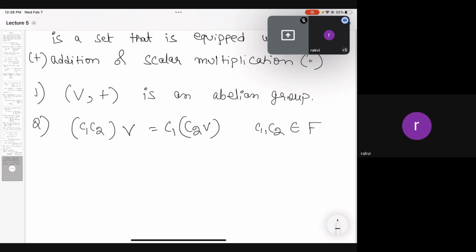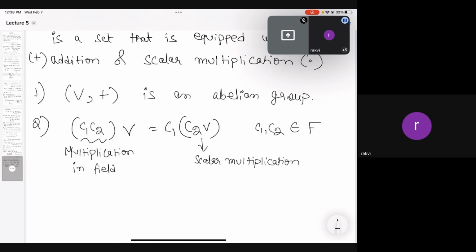It is the multiplication that is happening in my field, because remember fields have multiplication. So this C1 times C2 is multiplication in the field, whereas this one is scalar multiplication. So C2 times V is scalar multiplication.